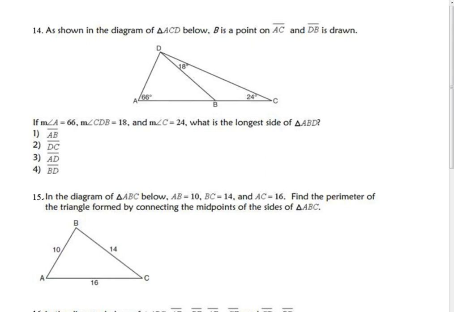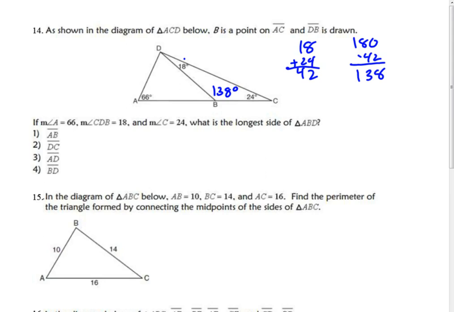So in this triangle, we know 18 and 24. So 18 plus 24 adds up to 42. And if we did 180 minus 42, we would get 138. Okay, that's this angle.